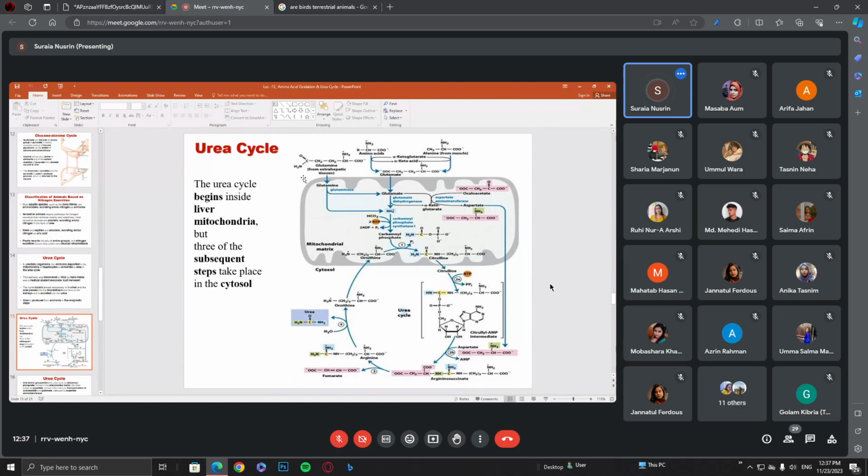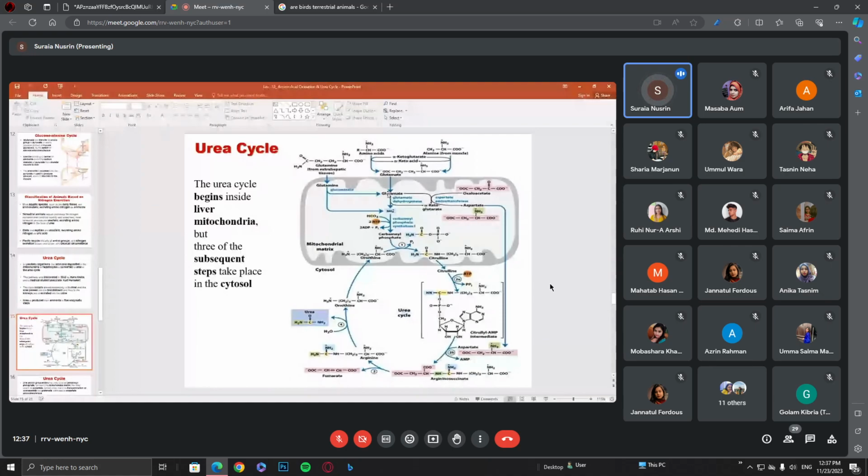In the transamination reaction, after releasing the amino group, the amino acid becomes an alpha keto acid. Alanine releases the amino group, and ultimately in the form of glutamate it enters the mitochondria, as does glutamine. Glutamine releases the amide nitrogen, as we learned already, by the enzyme glutaminase, so we get glutamate here.